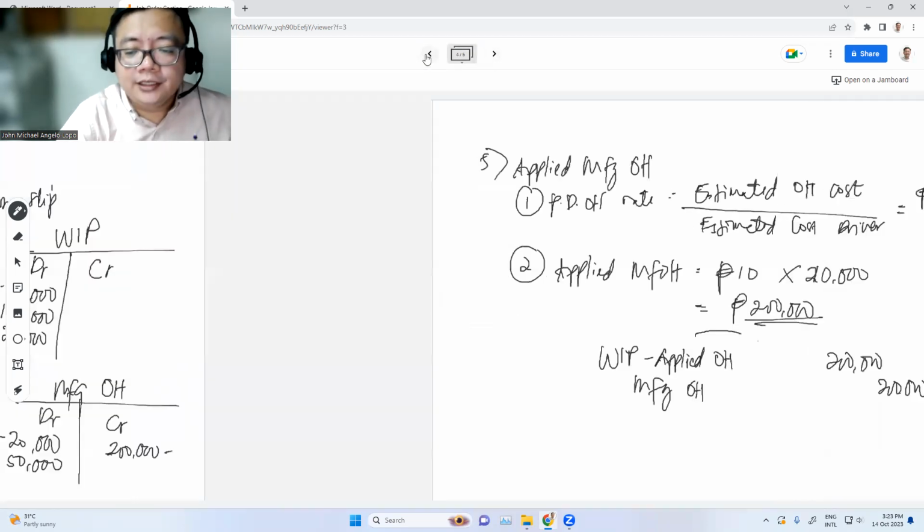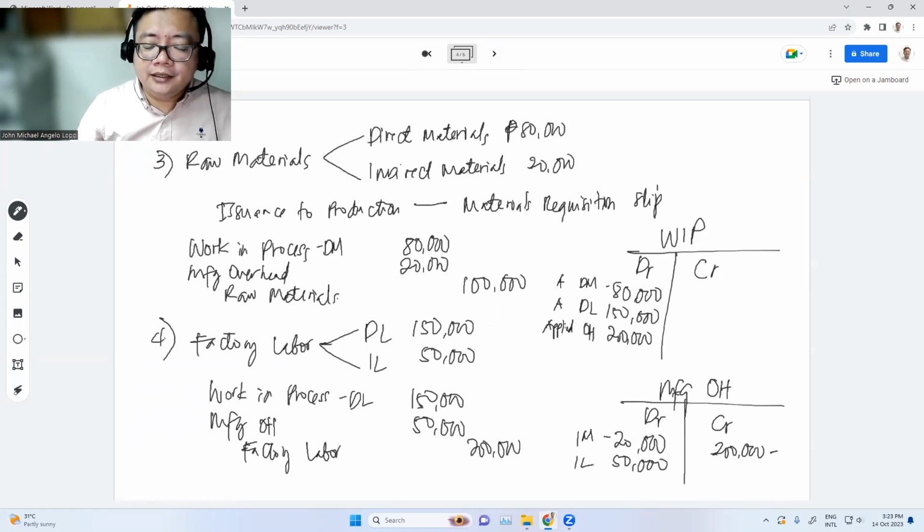Sige, we go first to this, no? Sabihin natin, class, that in the work in process, ano to, 350. So, 350 plus 80, you have 430. So, 200 plus 150 plus 80, you have 430.